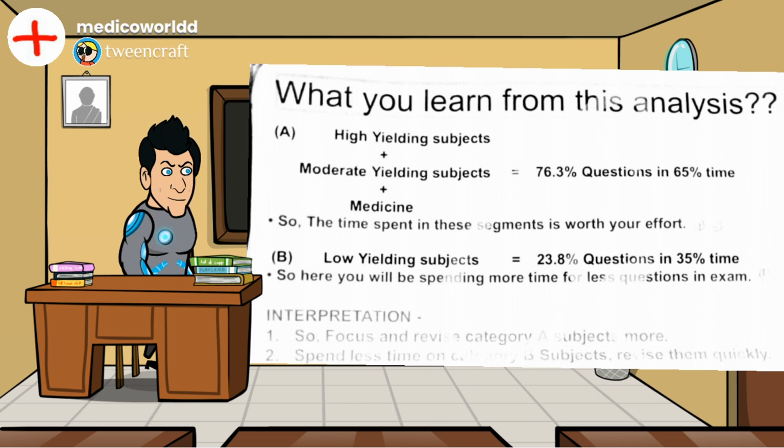So you will spend minimum time for these fewer questions in comparison to part A. The interpretation is: focus on and revise part A, meaning category A subjects, more. Spend less time on the category B subjects and revise them as quickly as possible.